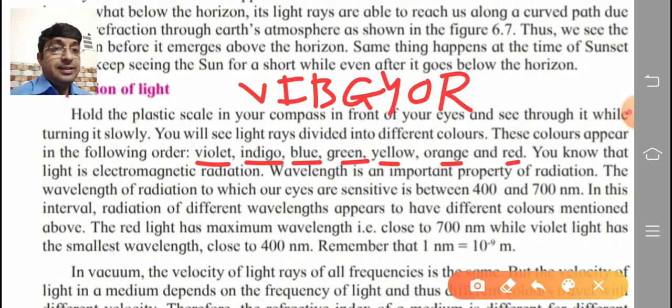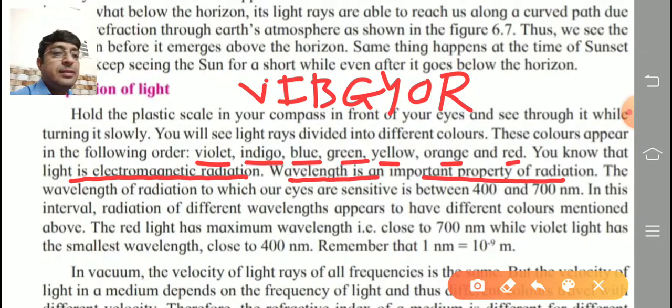I think this color order we observed in a rainbow also, the same order. You know that light, underline, light is electromagnetic radiation. We know this property also. Which one? Wavelength. Wavelength is an important property of radiation, underline.